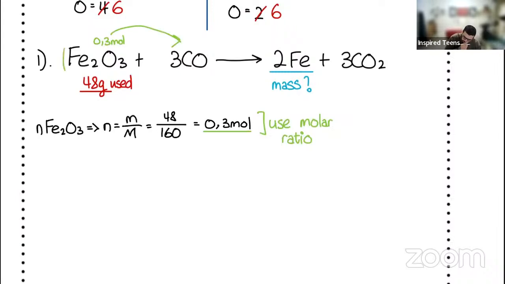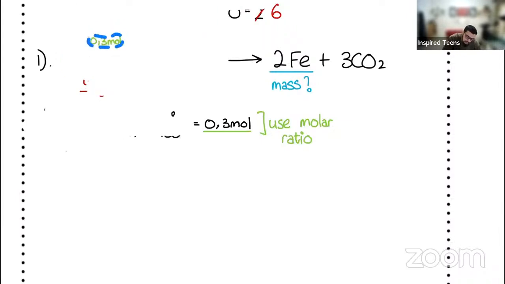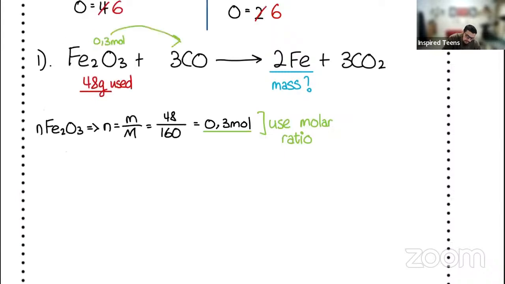So 1:3, we multiply by 3, or 1:2, or 1:3 again. Once we have the moles of one of the substances, this is the key: we can easily use the molar ratio to convert those moles across. I like to say you jump across compounds.